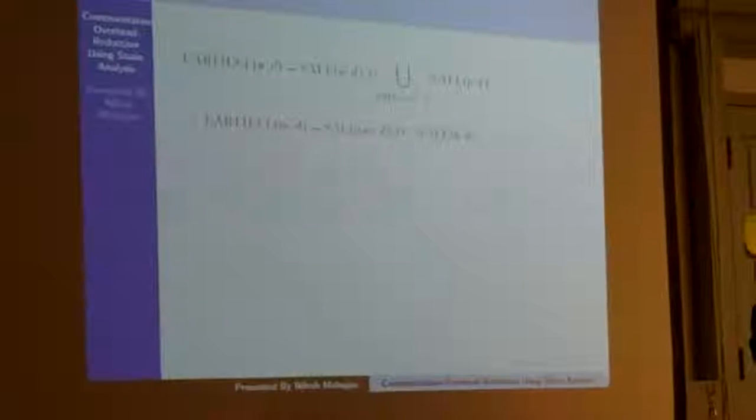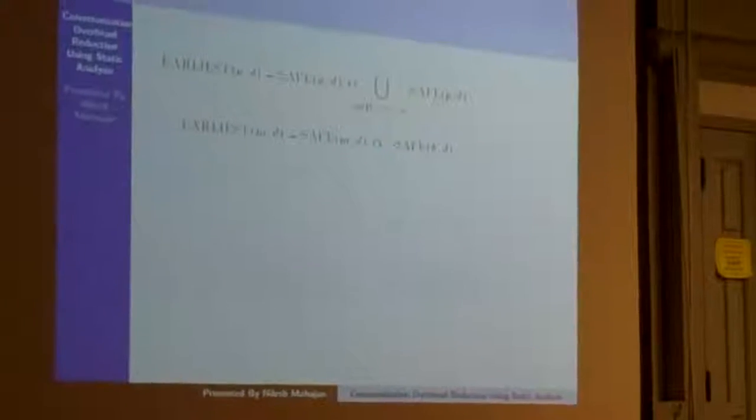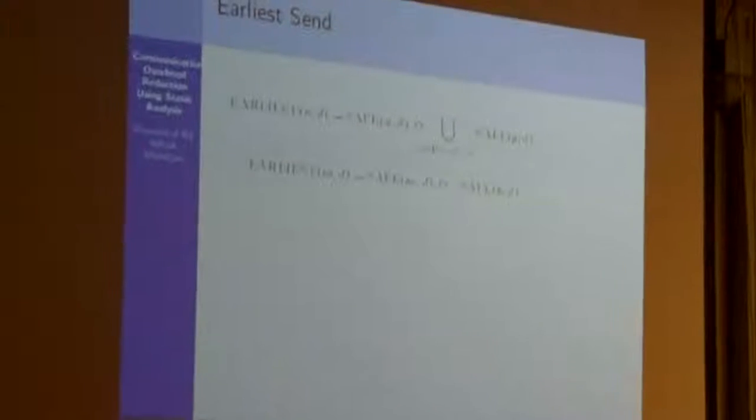Another thing that you can do is, now you want to move the sends as far back as possible to the start node, right? So the sends have to be moved in this direction as far back as possible, and the receives have to be moved in this direction as far as possible. So that now the send starts, it's going on somewhere, and you can do the computation.